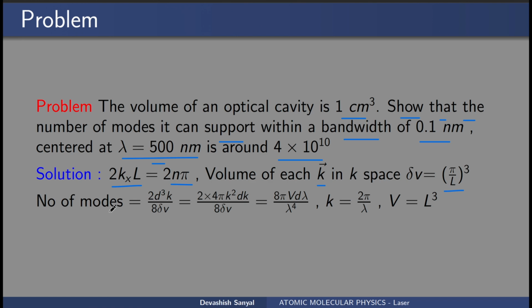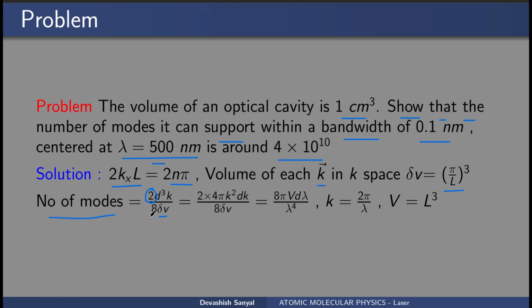So the number of modes will be d3k, a small volume in k space. With the volume of each k being delta v, there will be d3k by delta v number of k's, and you have to multiply by 2 because for each k there will be 2 independent transverse modes, or 2 polarizations.